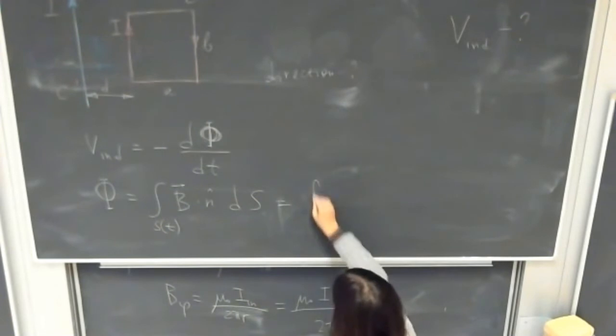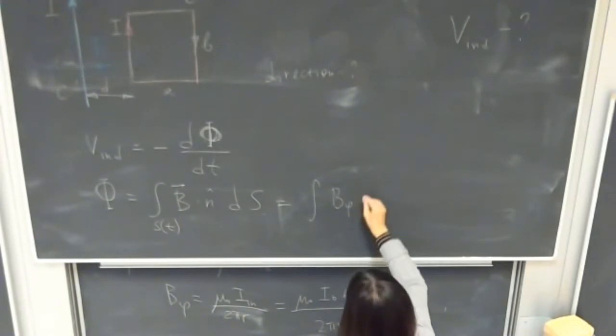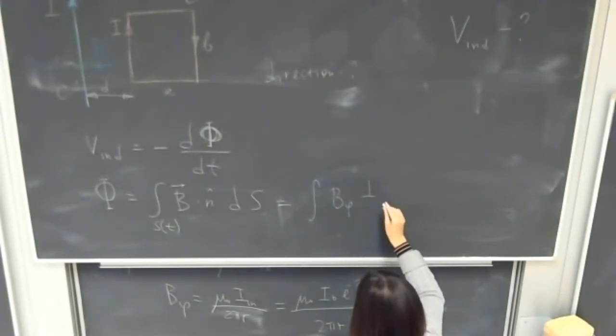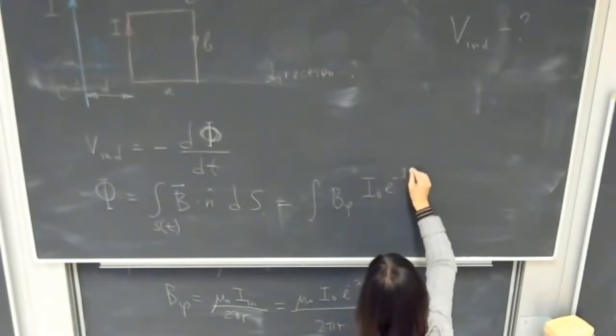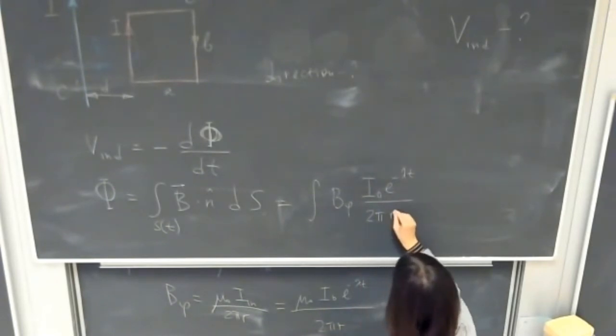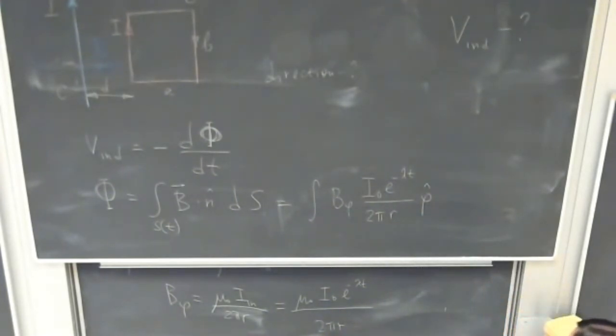So let's write our flux. The direction of the B is phi, so also the normal to the circuit will be phi.